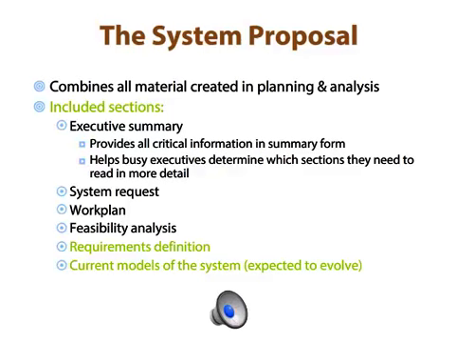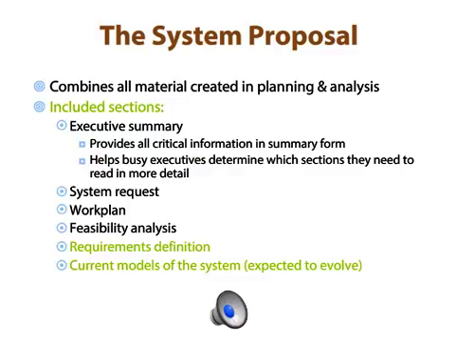As we saw in the chapters in Satzinger, we document what people want in the new system. And so we can call this a systems proposal. It includes the request by the project sponsors for the system.